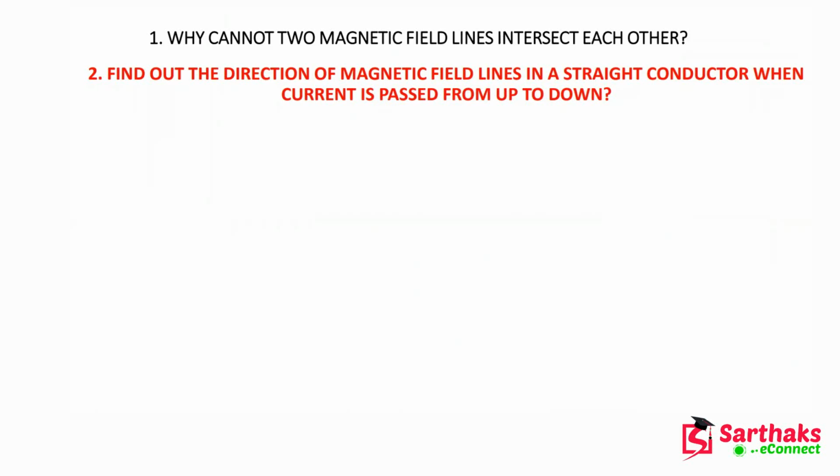So the first question here is, why cannot two magnetic field lines intersect each other? To answer this question, I'm writing the solution here. Let's suppose this is a magnetic field line and this is another magnetic field line. We know that they don't intersect, but to answer this question we have to assume the opposite.